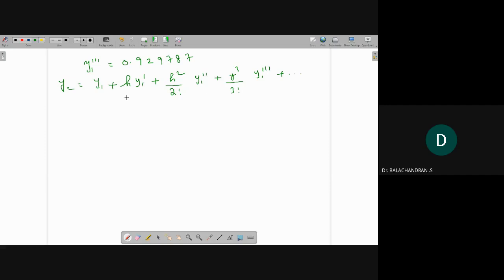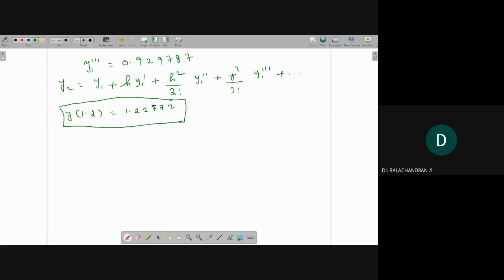So y of 1.2 is 1.22772. Please check the answer. If there is any deviation from this answer, you can inform me.